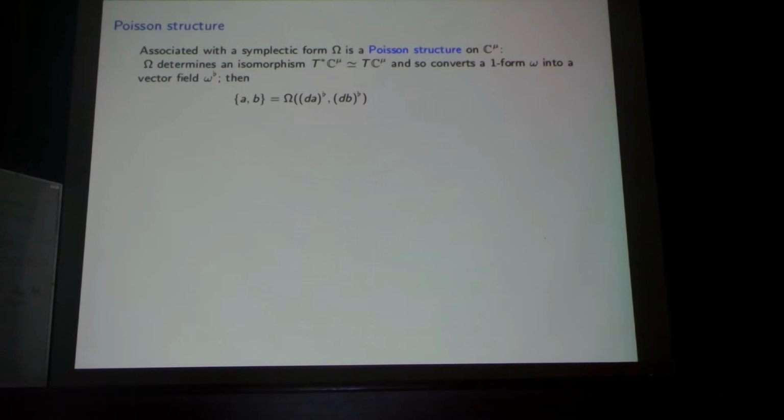Actually, there's a much simpler formula for the Poisson bracket, because in order to convert the one form dA into a vector field, you have to multiply it by the inverse matrix of omega, similarly for dB.